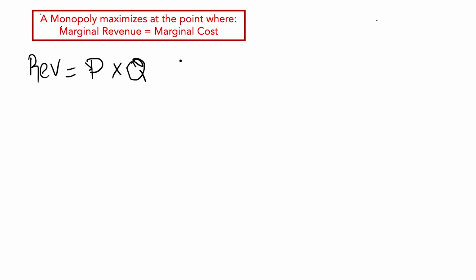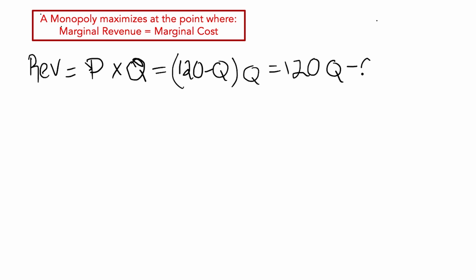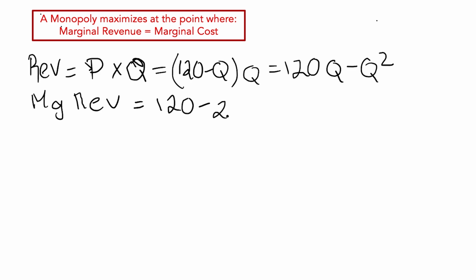So the price is given by 120 minus Q times the quantity. So the revenue is given by 120Q minus Q squared. And the marginal revenue then is given by the derivative of this, which is equal to 120 minus 2Q.